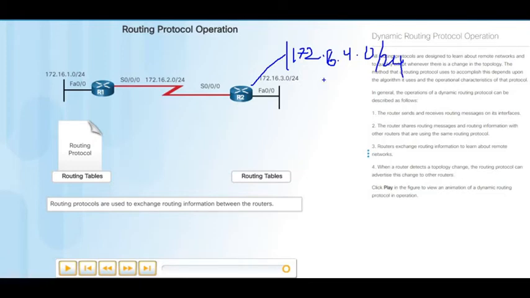Since, for example, they're using distance vector, every 30 seconds that network information will be added to the routing update of R2 so that it can tell R1 that it has a new network connected on its LAN. So R1 will be aware of that network. That's the process of how they exchange routing information.